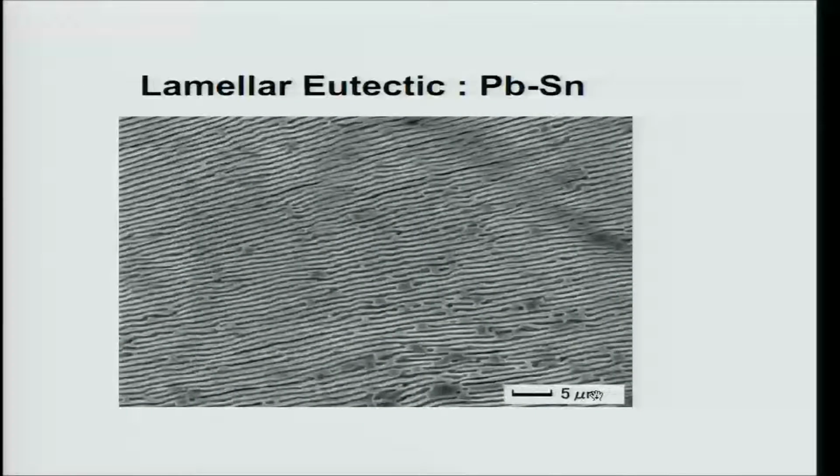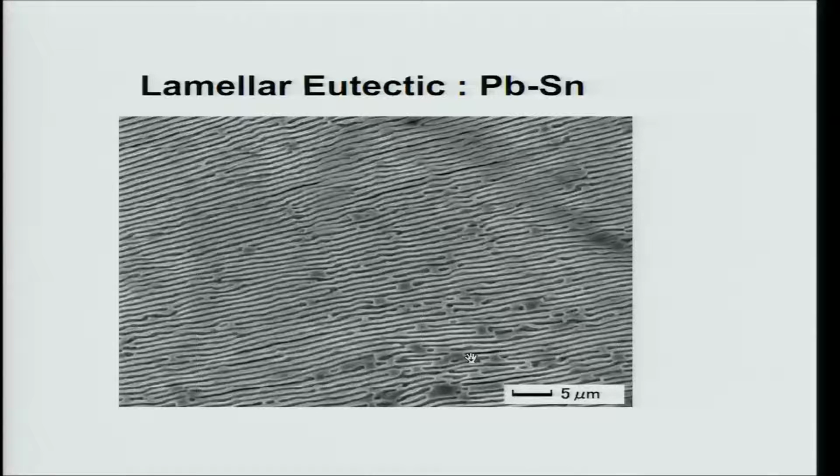Because of that, lead tin is a classic system, and the first microstructure shown here is a lamellar type for the lead tin eutectic system. You can see grey and black lamellae. Please remember this term: lamella is the singular in English, and lamellae is the plural.